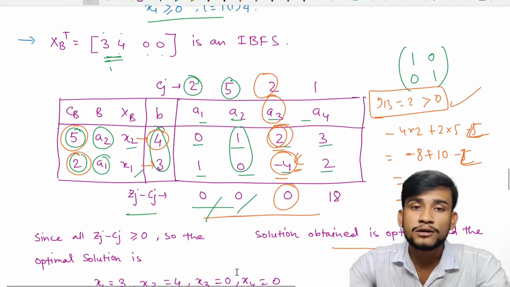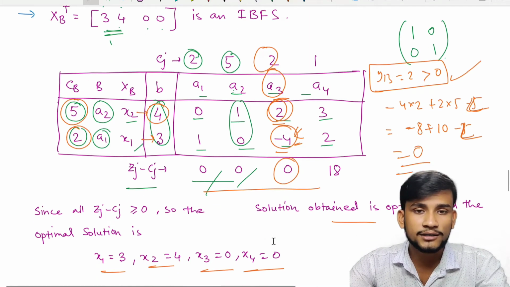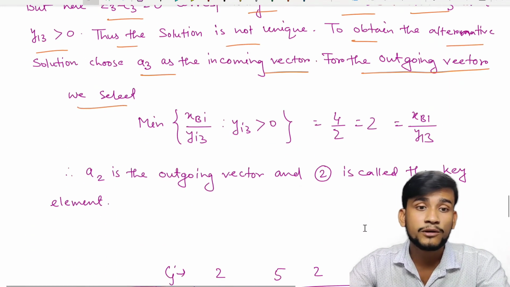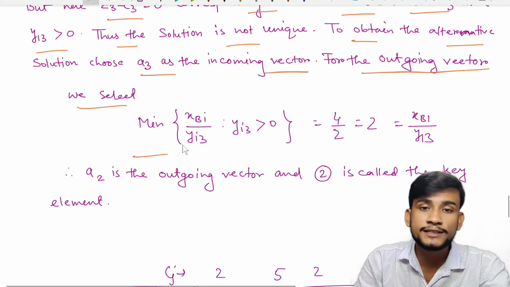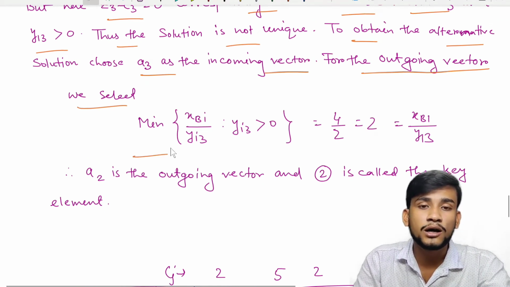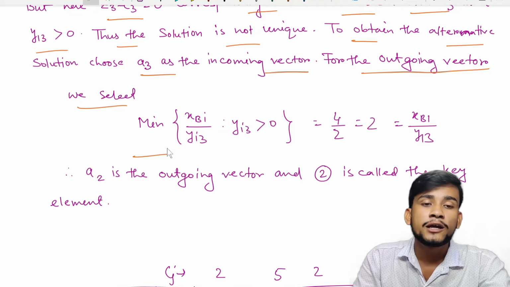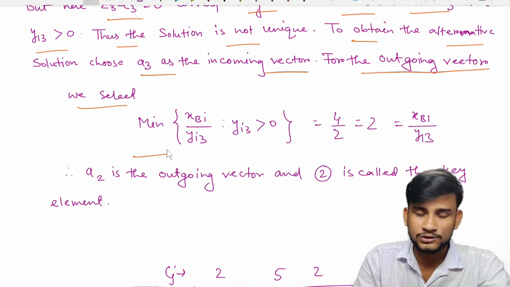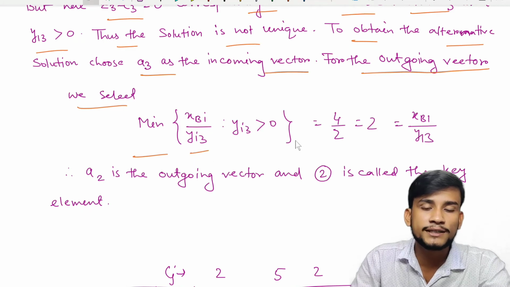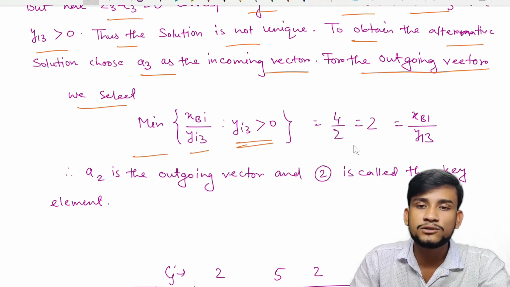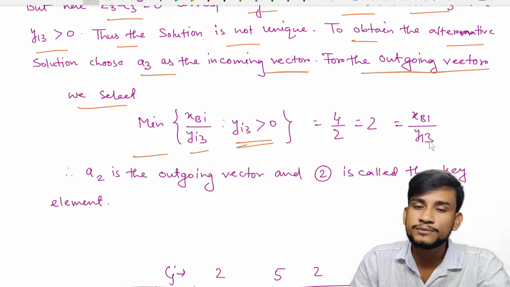And as I said above, we will choose the minimum term of this one. So we calculate this to select the outgoing vector, which is the minimum value of x bi by yi3 for yi3 greater than 0. The minimum gives the outgoing vector.